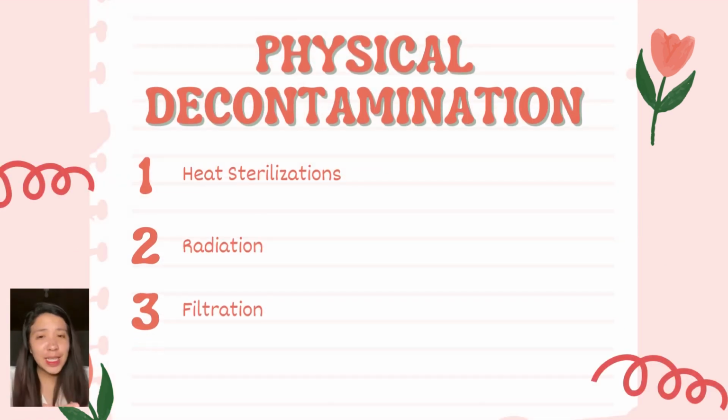So for physical decontamination, there are three types. The first one is heat sterilization, the second one is radiation, and the last one is filtration. Heat sterilization utilizes steam or dry heat to kill microorganisms, often accomplished through autoclaving.